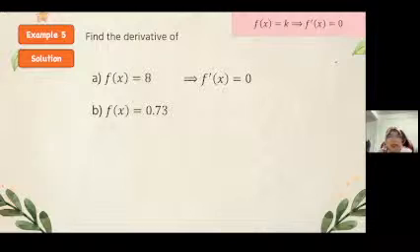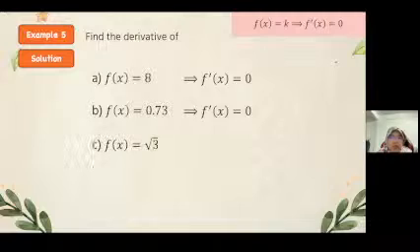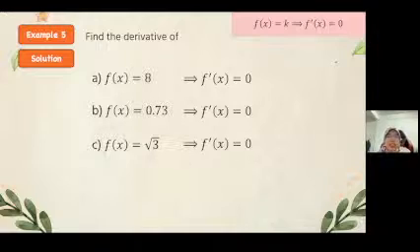Again, the derivative for them, which is f'(x), should be equal to 0. The third one, it might look a little bit complicated, square root of 3, but as you can see, we don't have anything with x. Therefore, this is definitely a constant. We don't see anything with x. This is a constant. Therefore, if you want to find the derivative for them, they are simply 0.